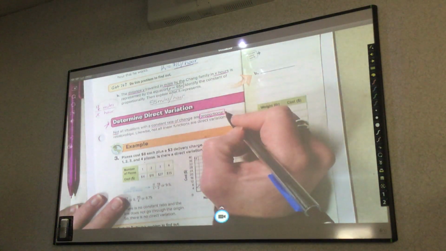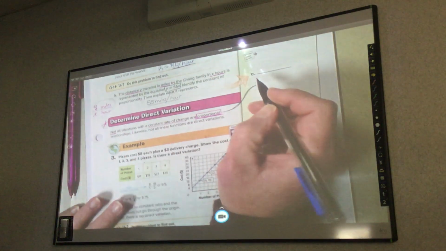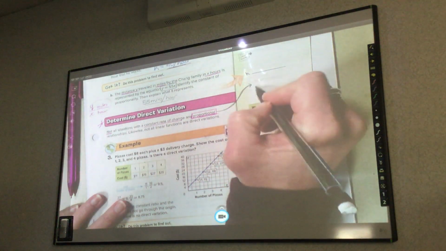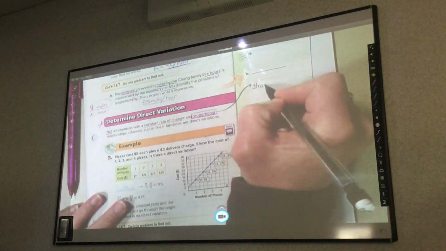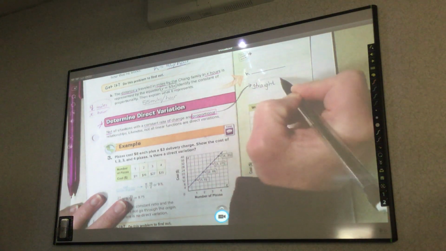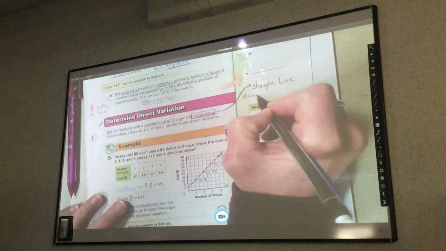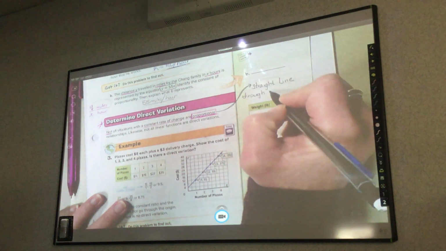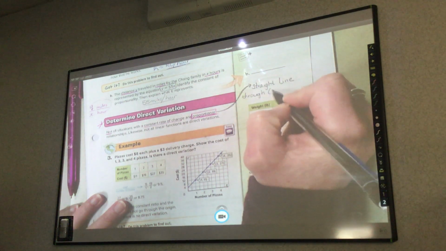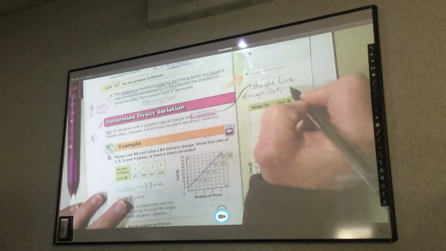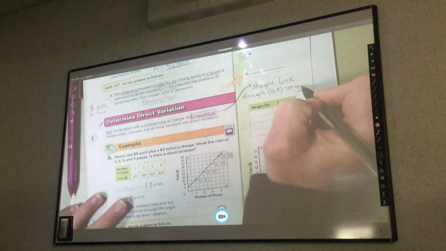A straight line and through the origin. See this squiggly line? It's going to be a straight line through (0, 0), which is the origin.